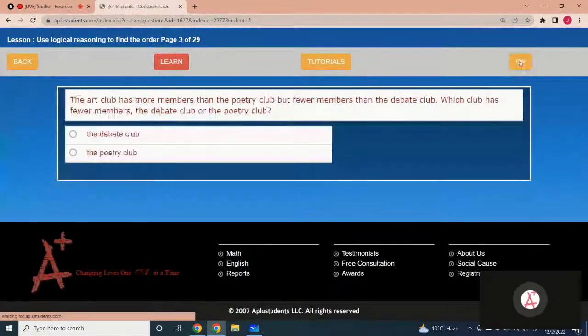Okay, the next one is, the art club has more members than the poetry club, but fewer members than the debate club. Which has the fewer members, the debate club or the poetry club? Which is the correct option? Who has the fewer?